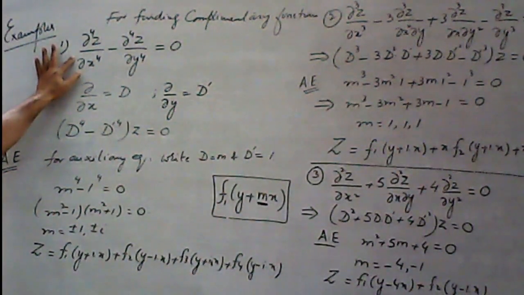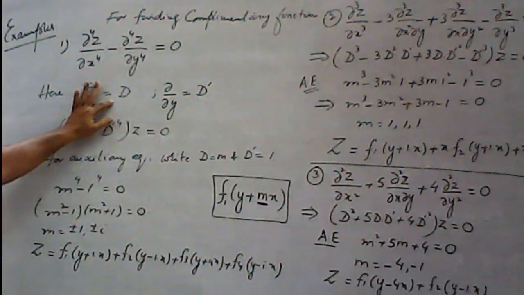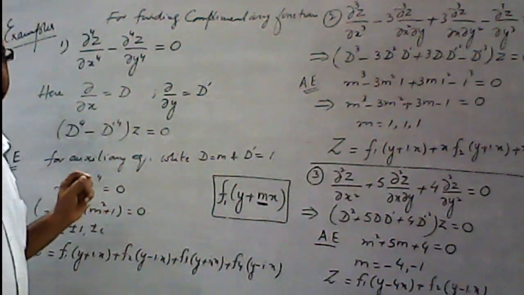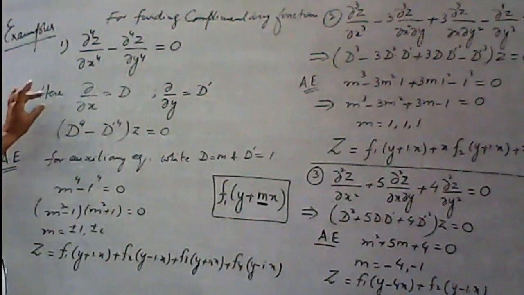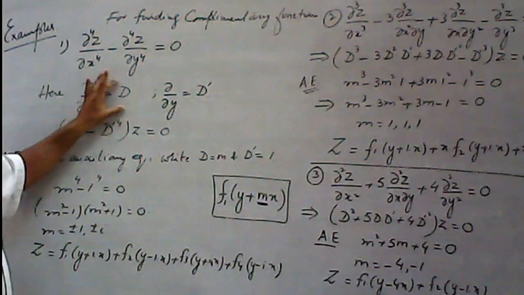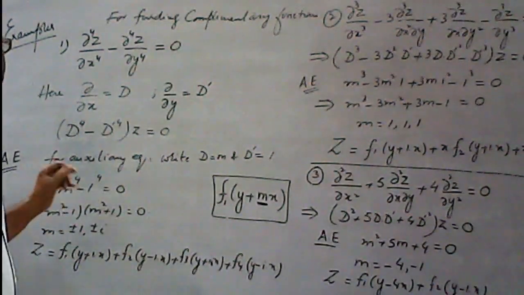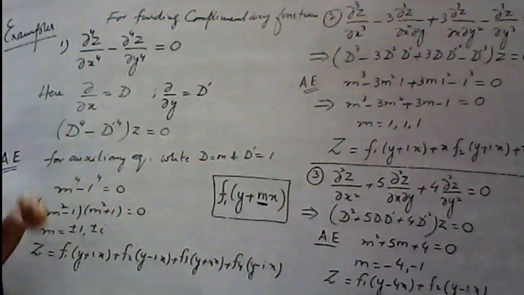Whichever variable comes first, that derivative will be denoted by capital D, and whichever variable comes second, that derivative will be denoted by D dash. So here we call the derivative with respect to x as D and the derivative with respect to y as D dash. Then the question will be transformed into operator D form.